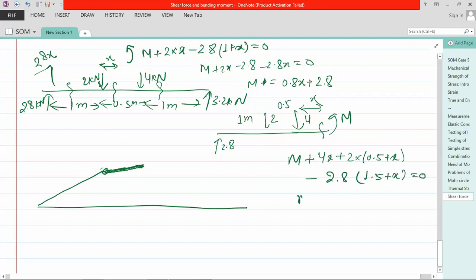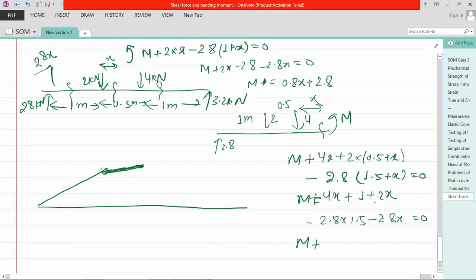And if you solve it, M is equal to 4x minus 2.8, 6. Let me solve it. M plus 4x plus 1 plus 2x minus 2.8 into 1.5 minus 2.8x is equal to 0.